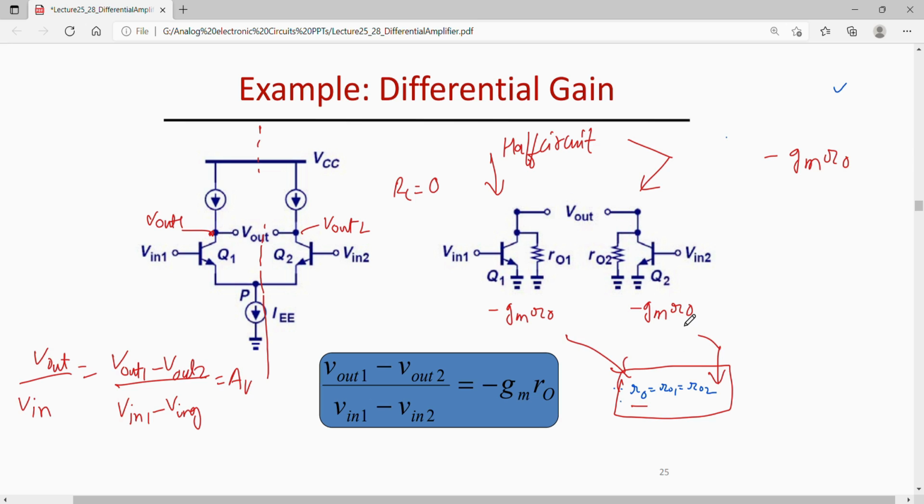So the gain of the half circuits is minus GM RO, and the gain of this full circuit is also equal to minus GM RO, because there is no RC over here.